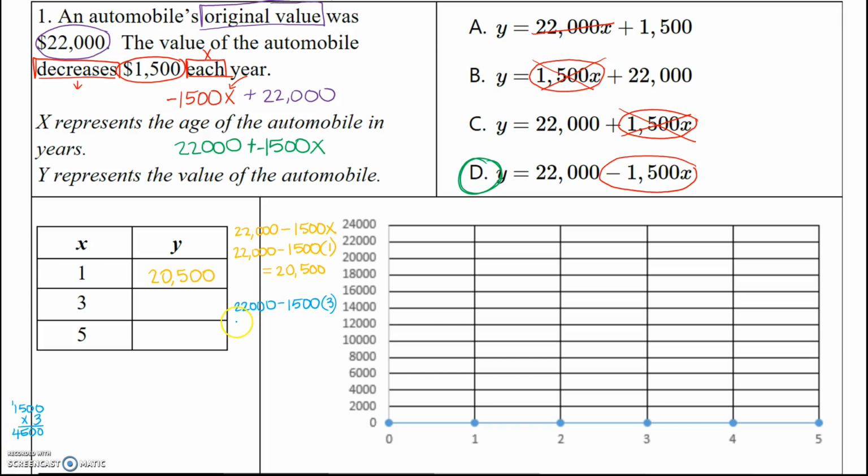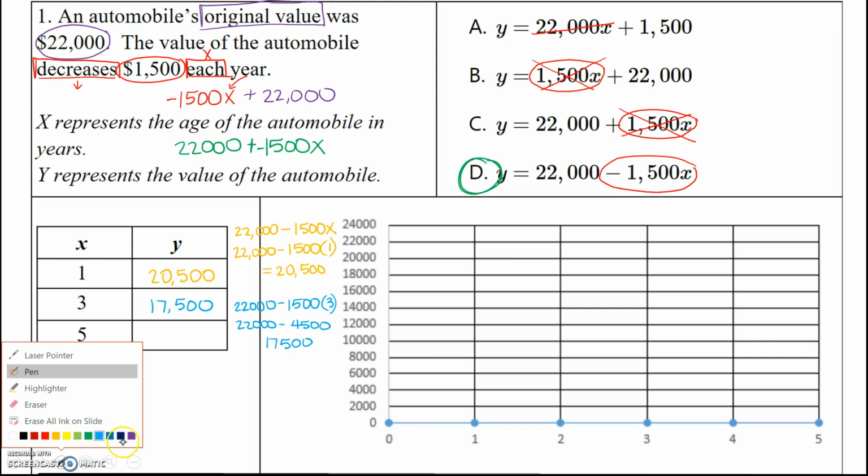Okay, so I have 22,000 minus 4,500. I'm going to borrow 1, 10, that's a 5. 11 minus 4 is 7 and 1. So we now have 17,500.